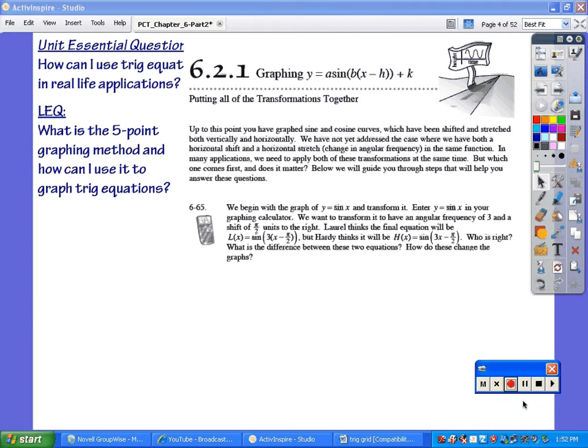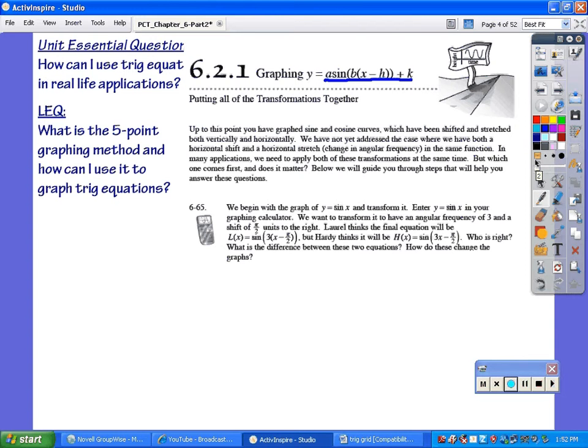So right off the bat, hopefully we're good enough here to look at what's given to us and see that one of those two gentlemen does not have the correct graphing form of that particular function.